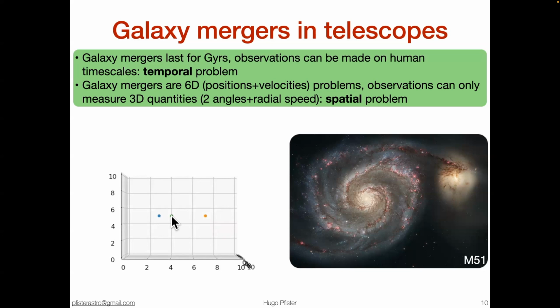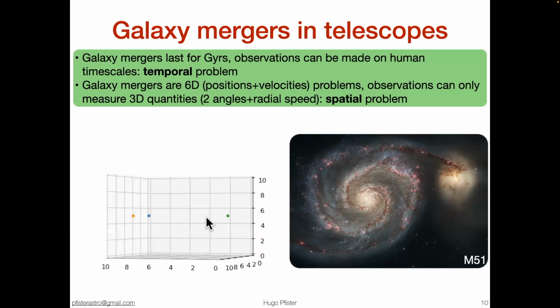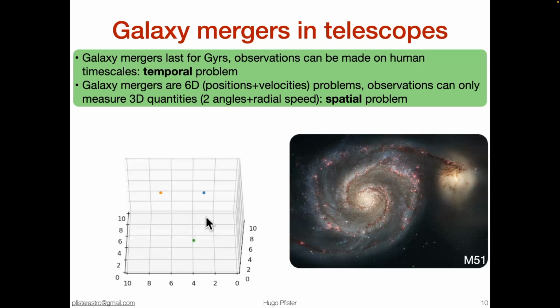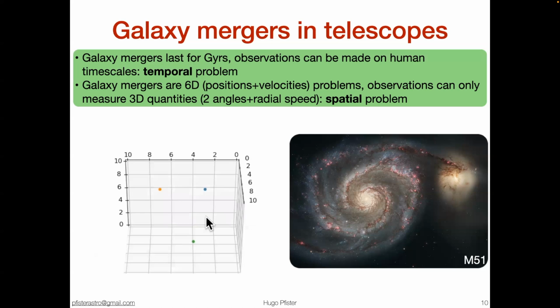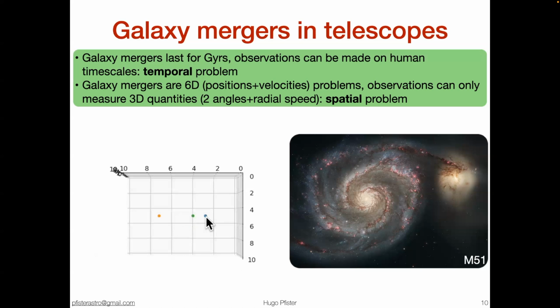They appear to be very close, and they appear to be much farther from the orange dots. But if you were able to turn around this system, you would actually realize that the orange dots and the blue dots are close, but the green dot is actually very far. And this is a projection effect, which you always find in astronomy.